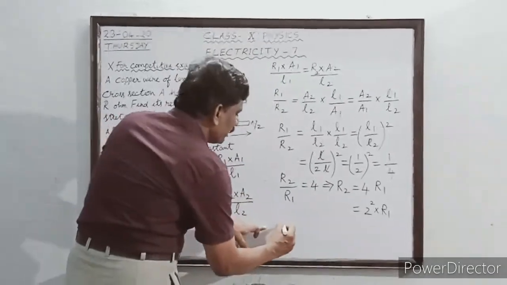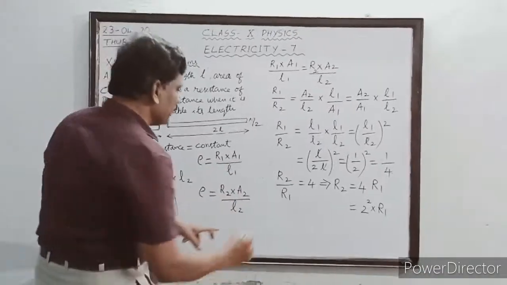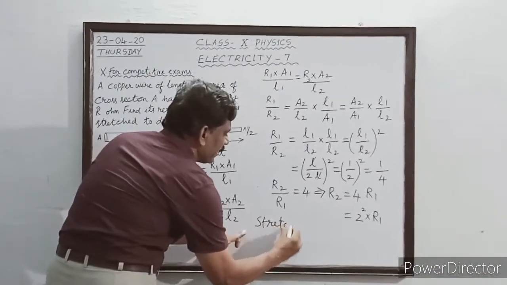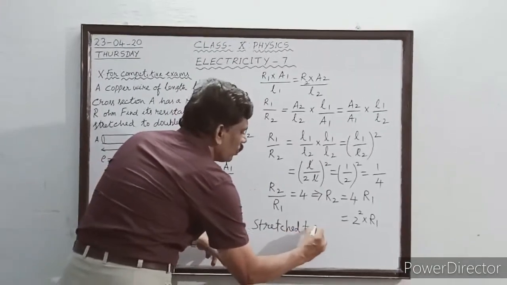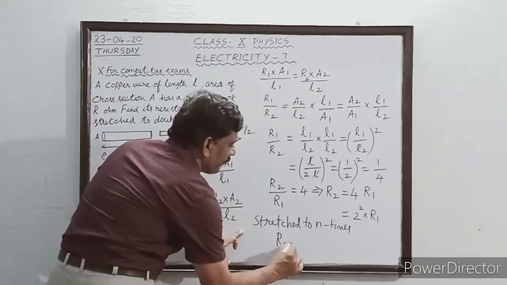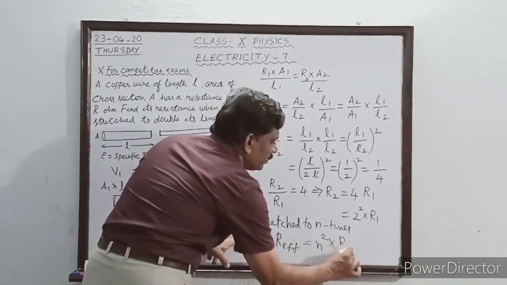Therefore, in general, if the wire is stretched n times, that is, stretched to n times the initial length, then the R effective will be equal to n square times the R initial.